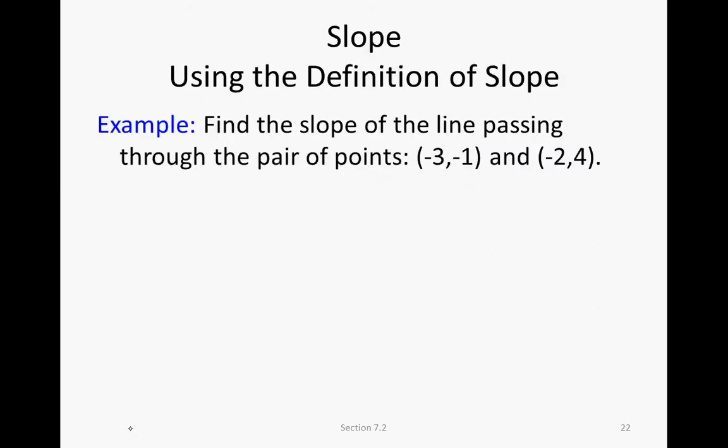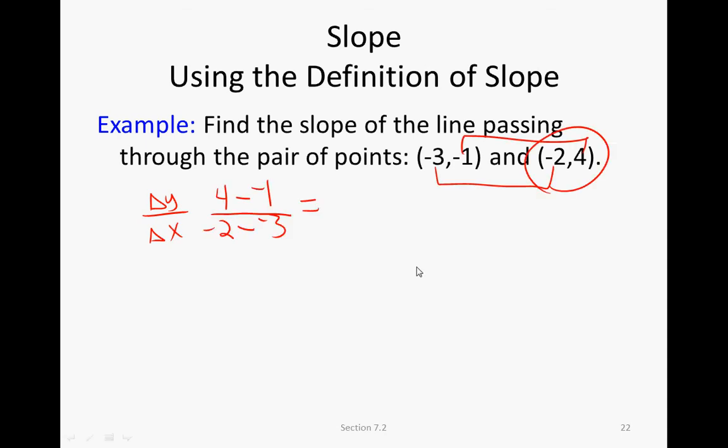So here's an example. Find the slope of a line passing through the pair of points. I want you to remember it's just change of y over change in x. Going ahead and writing down the values in the same order, if I start with 4 being the y value and x being negative 2, I need to keep those in the same order.